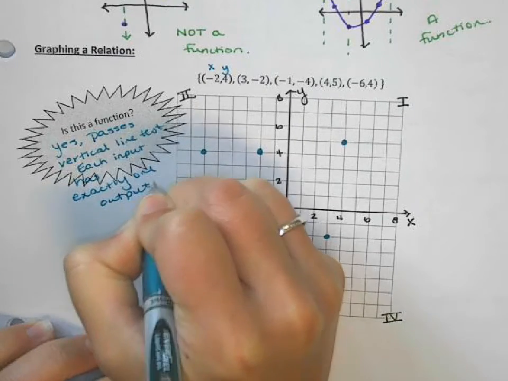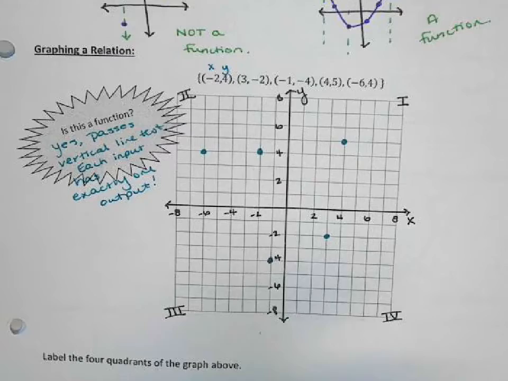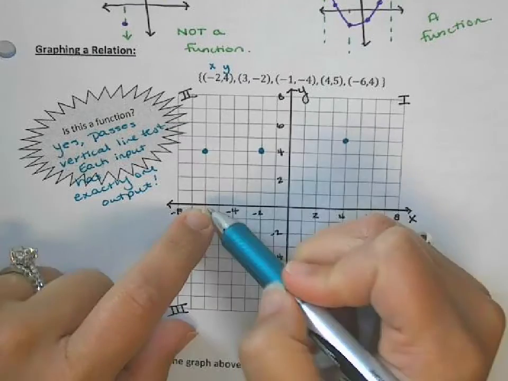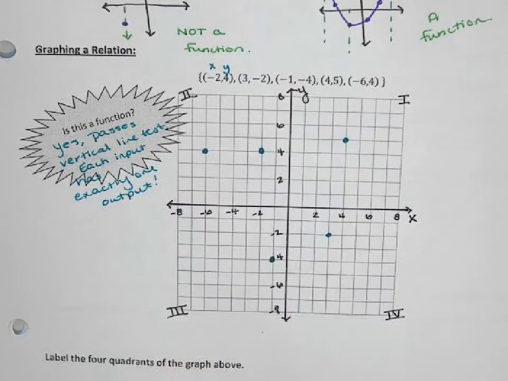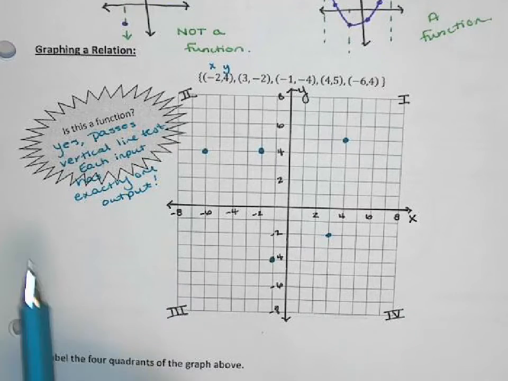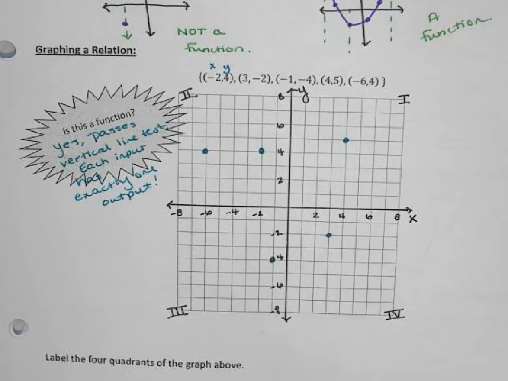That's the big idea here. Each input has exactly one output. If you had a -6 have two different y values, then it wouldn't be. But you can say that each input has exactly one output, and we're done with that example.